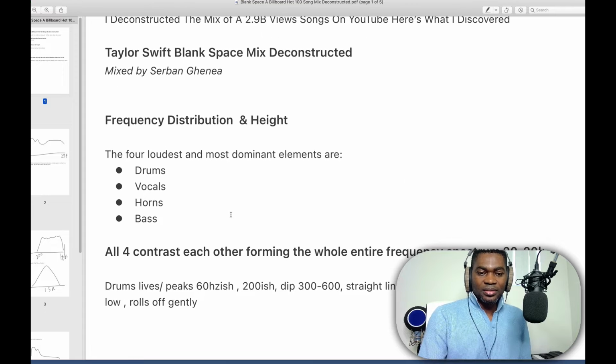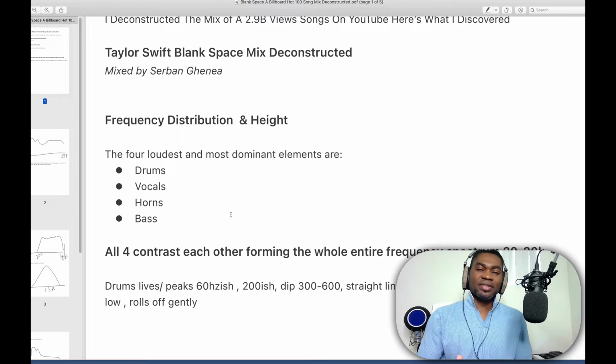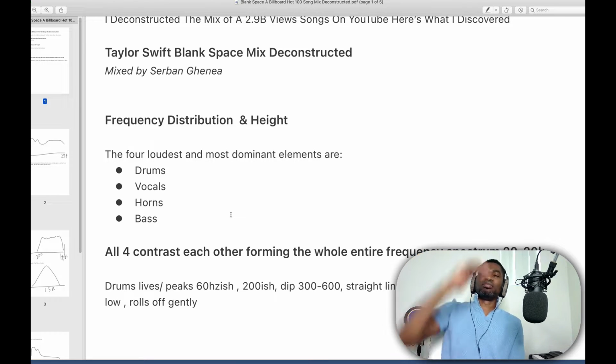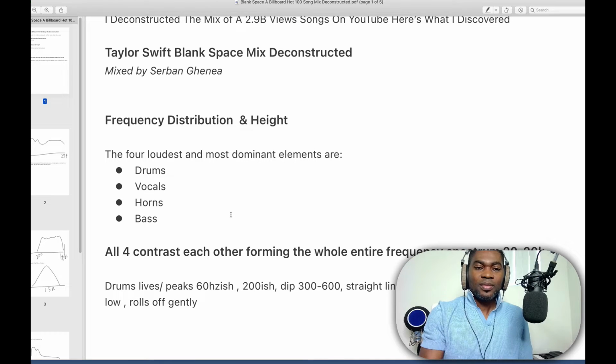So now the frequency distribution and the height. Frequency always gives us the perspective of height, from the top to the bottom. You have 20 hertz down here, and you have 20K up here. From the top to the bottom, that's the height. Each of the 4 elements has its own pocket.